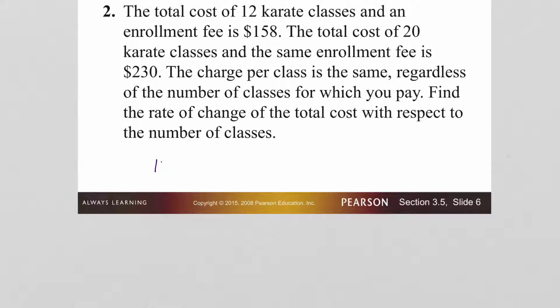So I've got 12 classes and $158. There's one of my ordered pairs. The other ordered pair is 20 classes and $230. So I'm going to let this be my x sub 1, y sub 1, x sub 2, y sub 2. So we're finding the rate of change with respect to the number of classes.